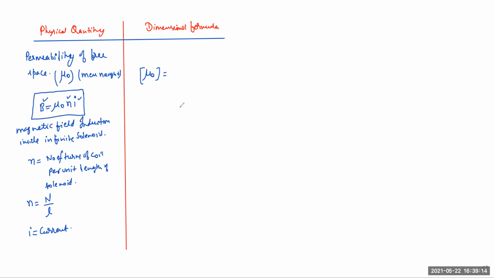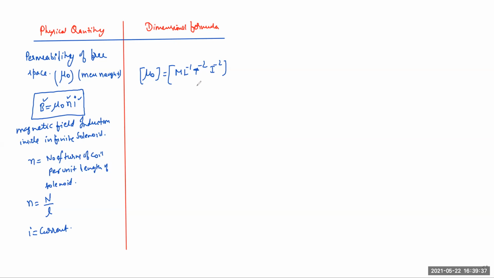Sir, M L minus 1, T minus 2, I minus 2. Very good. So I think this is slightly different from what I have. Just check the L part.